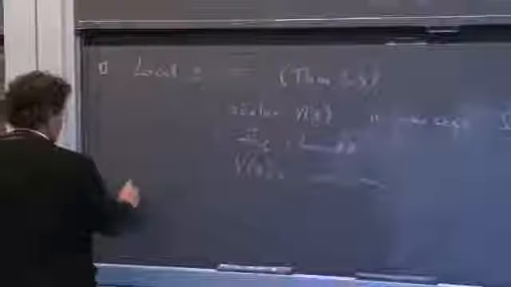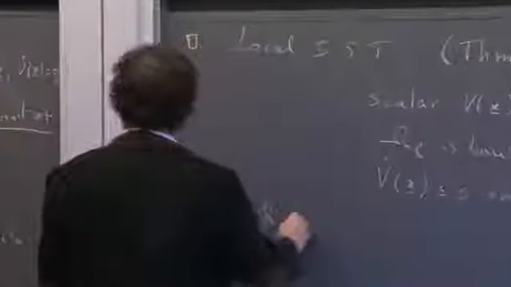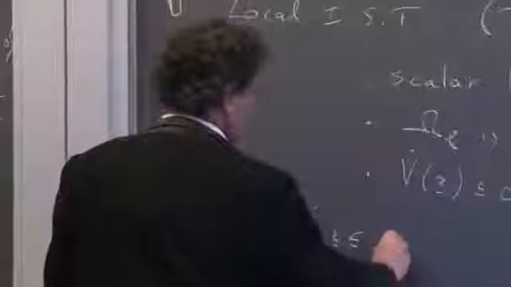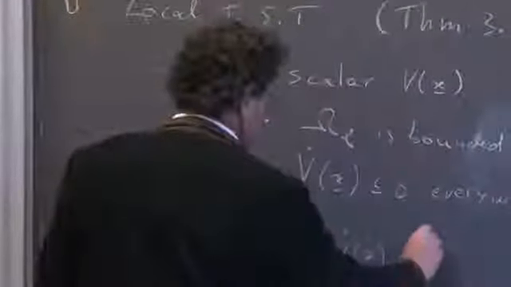So then the result is the same, basically. So let R be the set of points in omega L such that v dot equals 0.